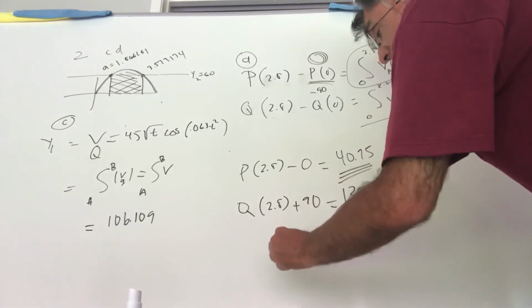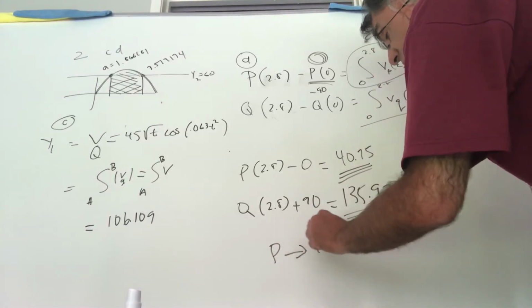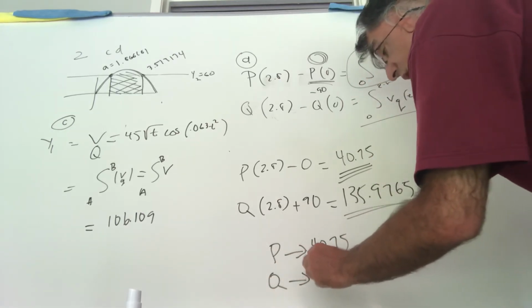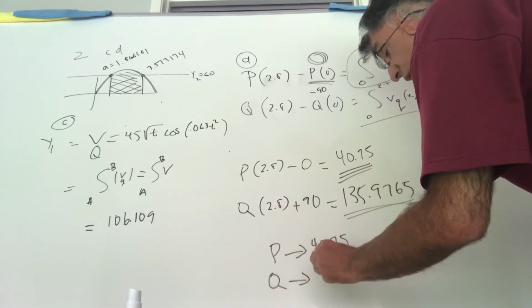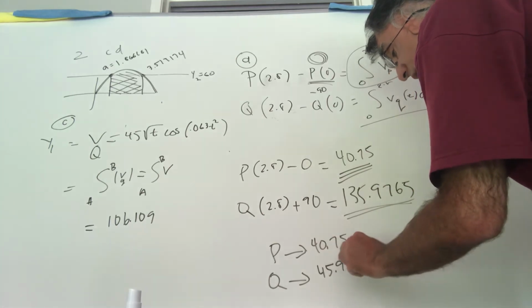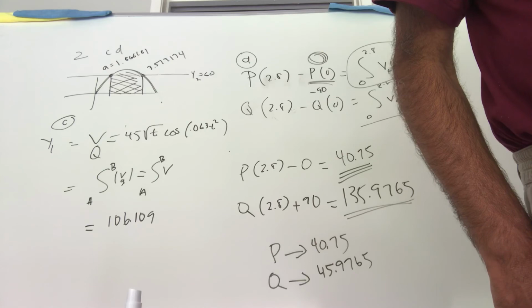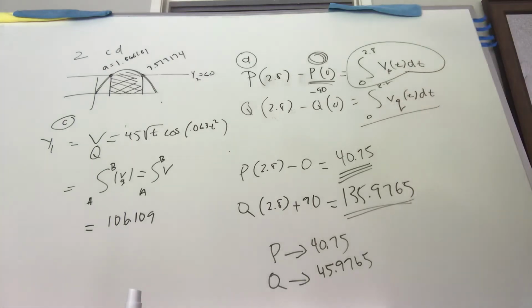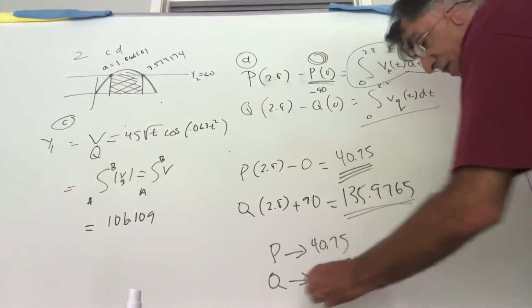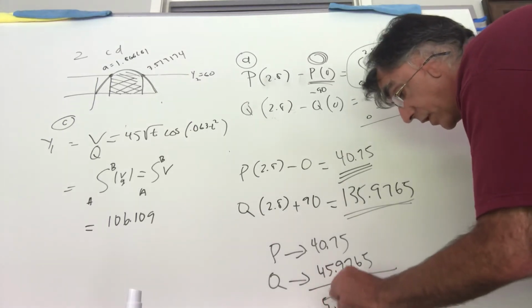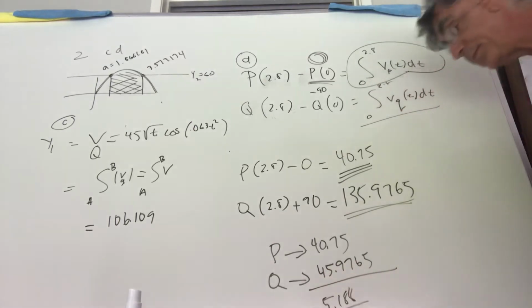So now keep in mind that I have to move that 90 over. So P is at 40.75, Q is at 45.9765. And so how far apart are they? You just subtract them. You want the absolute value, 5.188, I think, if you subtract them.